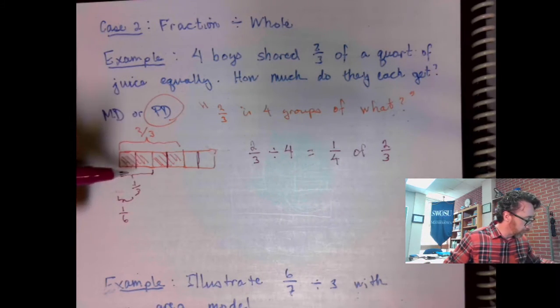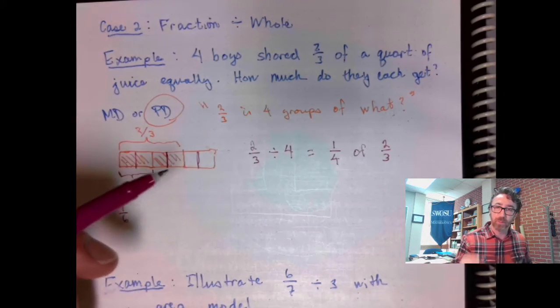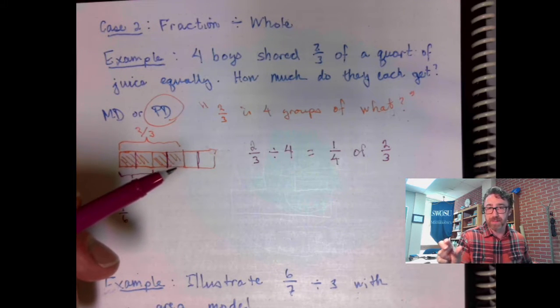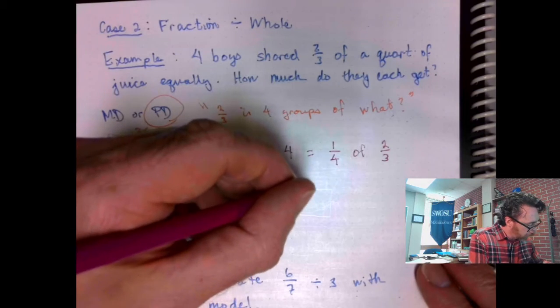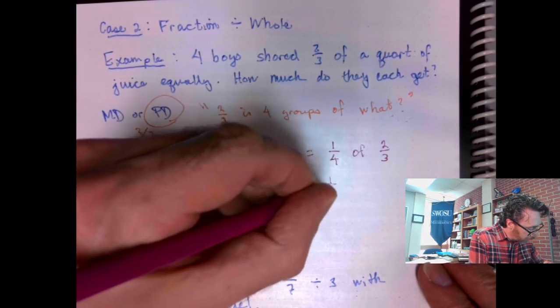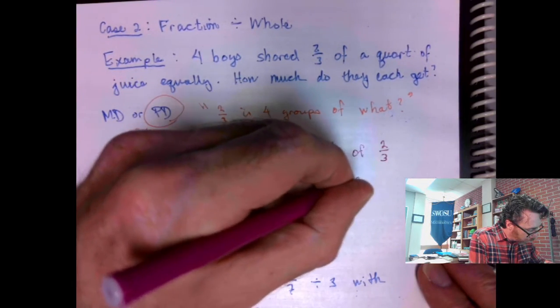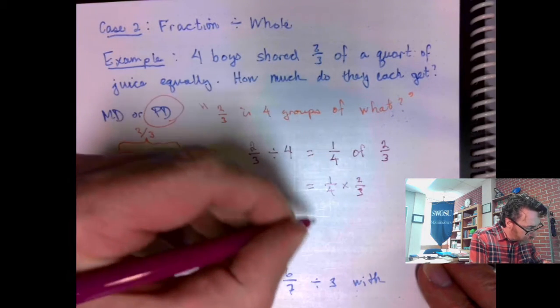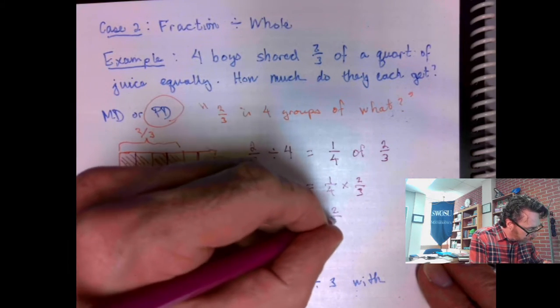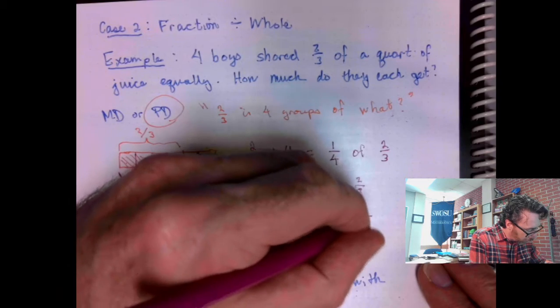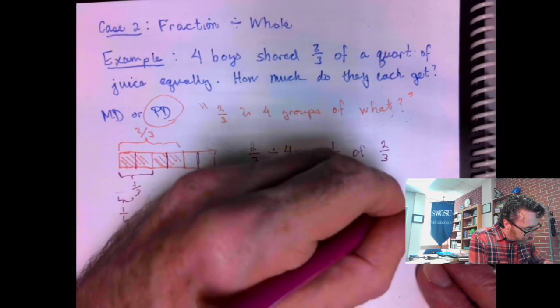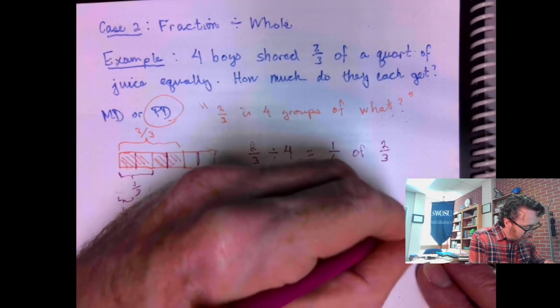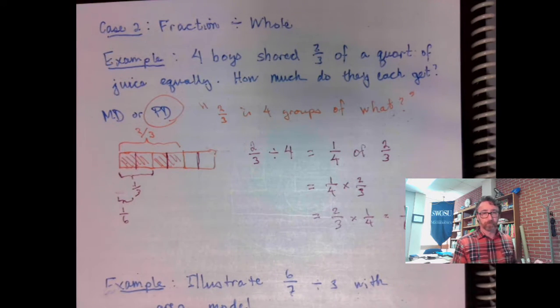So I took my 2/3, divided it into 4 pieces. So I'm looking at one of those 4 pieces, 1/4 of the 2/3. Okay, and we know that interpretation. That's 1/4 times 2/3. Or if you want to use the commutative property, that's 2/3 times 1/4. And you get 1/6 from doing that.